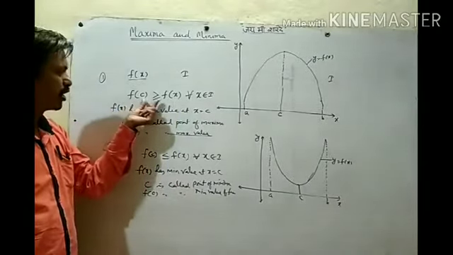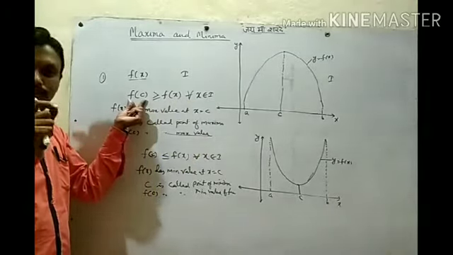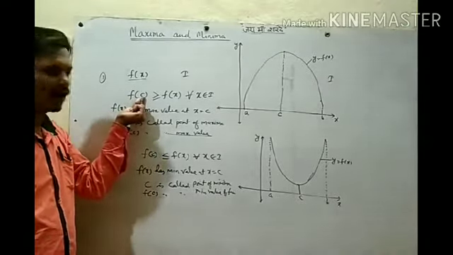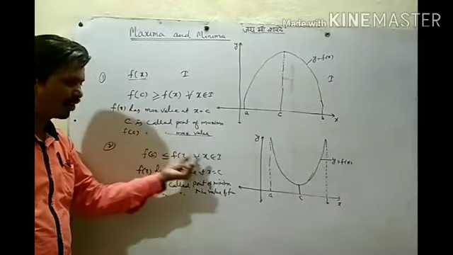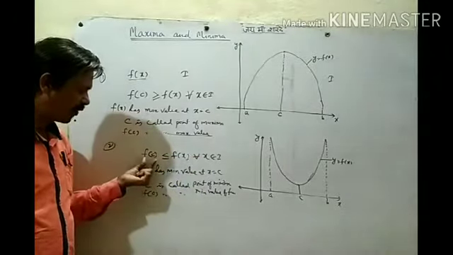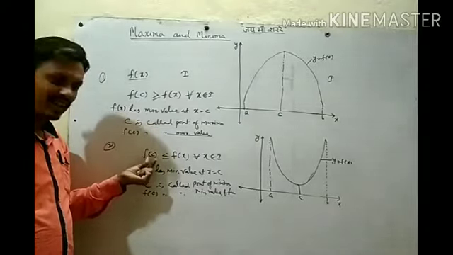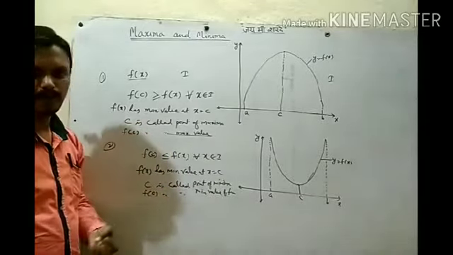If f of c is more than or equal to f of x for all x belongs to I, then f of c is called the maximum value of the function and c is called the point of maxima. If f of c is less than or equal to f of x for all x belongs to I, where I is an interval, then f of x is said to have minimum value at c, and f of c is called the minimum value. C is called the point of minima.